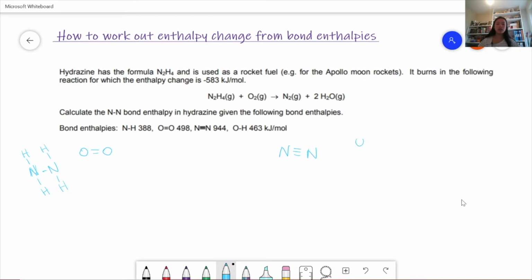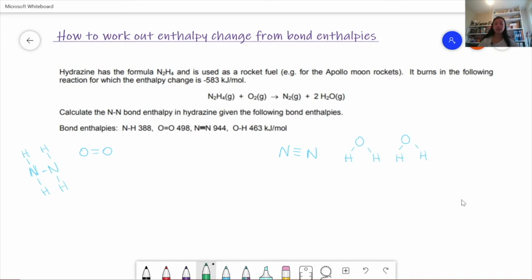And for water, we have H2O and another H2O. Now we've drawn them out, we can clearly see how many bonds we need to break, and it'll help us when we get on to calculating all the numbers.